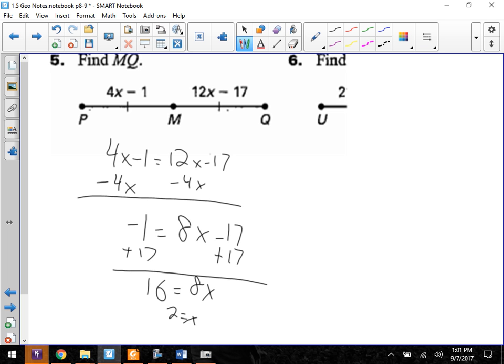You get 2 for X, and then I think the diagram asks you to substitute back in: 2 times 12 is 24, minus 17.